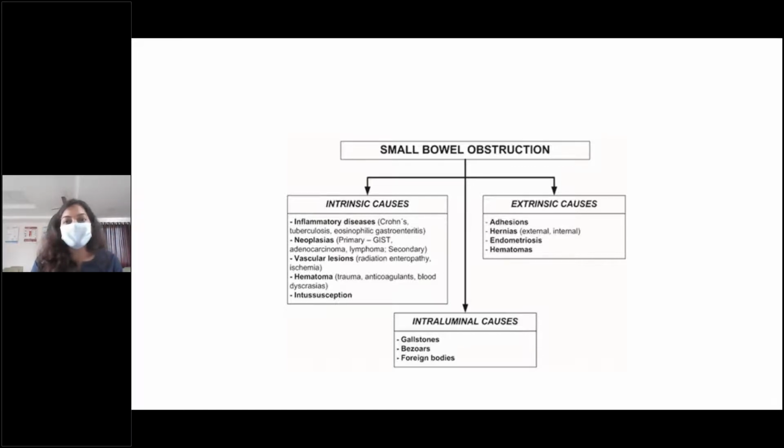This is also important from the surgery point of view. Vascular lesions, hematoma, intussusception. The extrinsic causes include adhesions, hernias, endometriosis, hematomas. And the intraluminal causes are bezoars, gallstones, and foreign bodies.